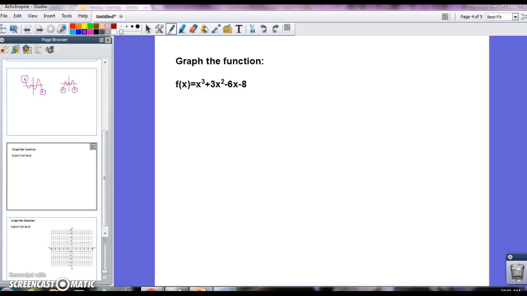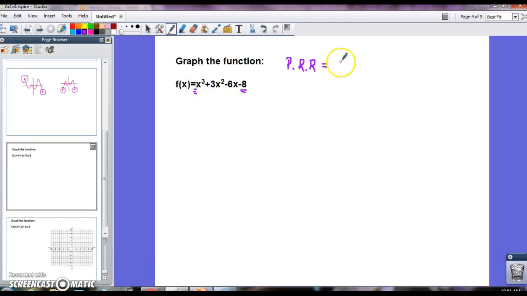Okay, so the first thing that we're going to do is figure out what our possible rational roots are. This is something that we've already done before, so this should be familiar to you. Remember, our possible rational roots are when we take all of the factors of our constant term divided by all of the factors of our leading coefficient.